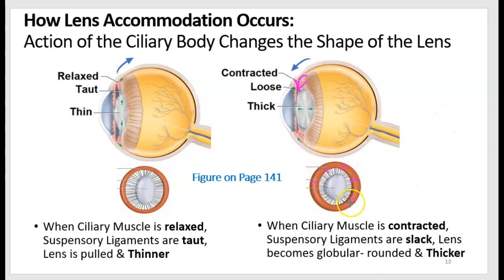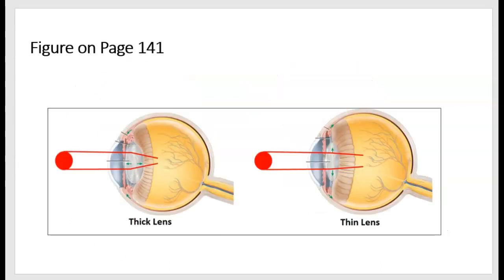That makes the suspensory ligaments slack or loose. And so the lens is not pulled as taut, or it's not stretched, and it balls up into its natural state. It becomes kind of rounded or globular, thicker. The lens becomes thicker. We use this for near object viewing, and we're going to talk about that next.